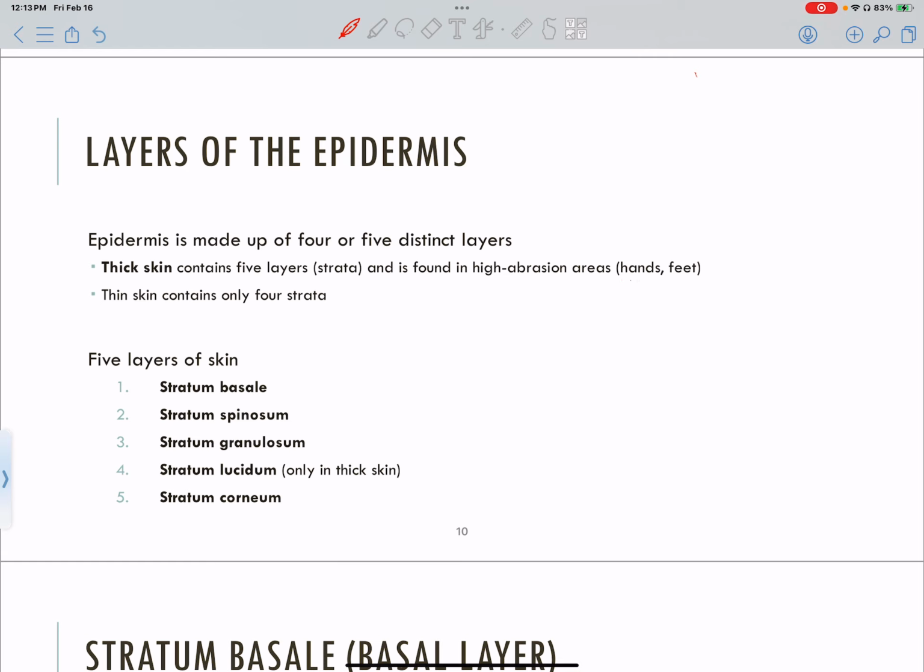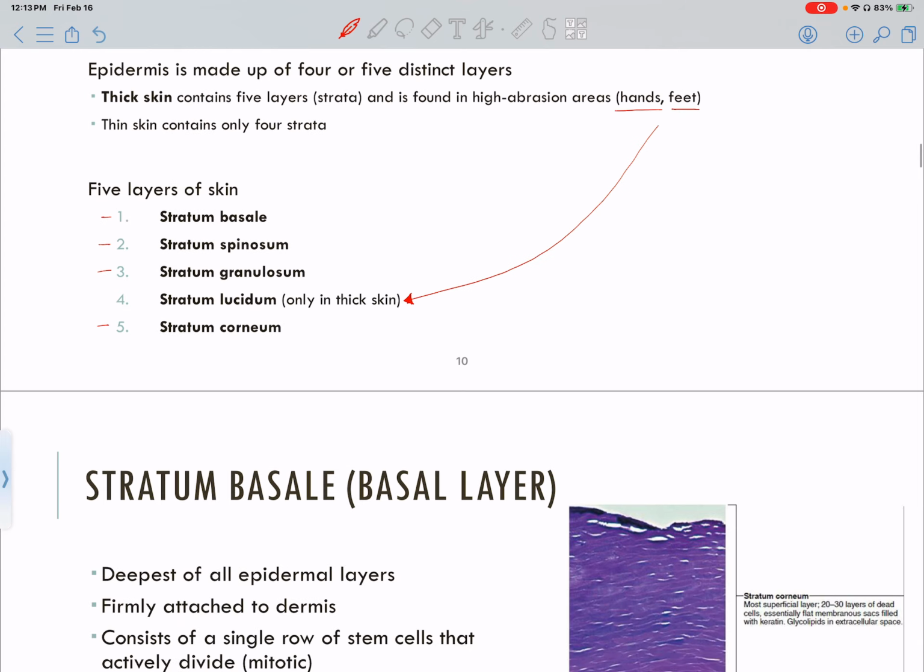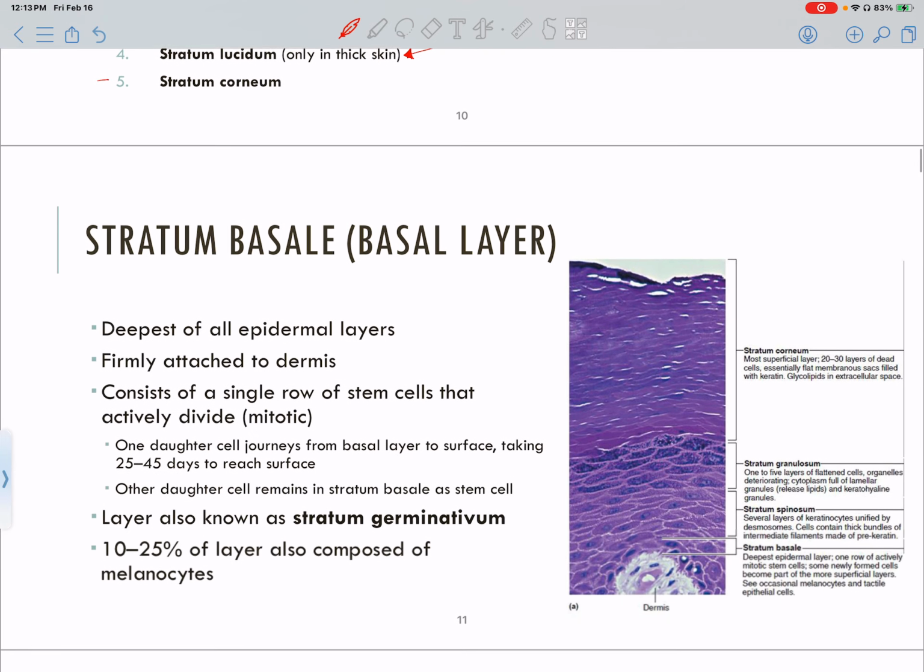So the palms of our hands or the soles of our feet would be considered areas where thick skin is present, meaning that we do have a specific layer called the stratum lucidum. Everywhere else in our body that's not the palms of our hands or the soles of our feet only has 4 layers right here. And we'll talk about what each one of these layers are.